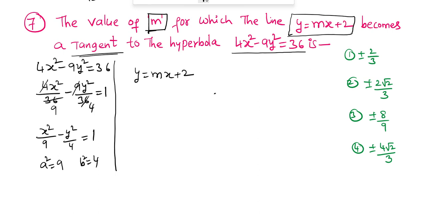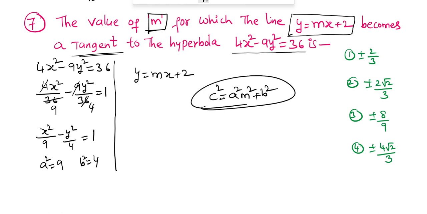The condition for tangency is c² = a²m² − b². This is the formula for the condition for tangency. Here the c value is given as 2, that is 2² = 4 equals a² = 9, m², minus b² = 4. So 4 plus 4 is equal to 9m².